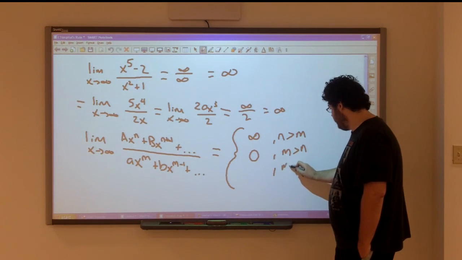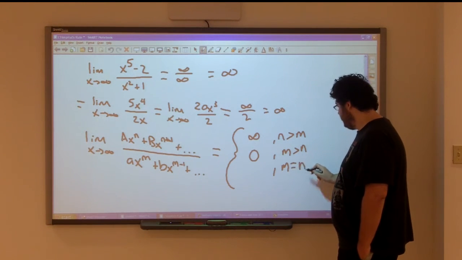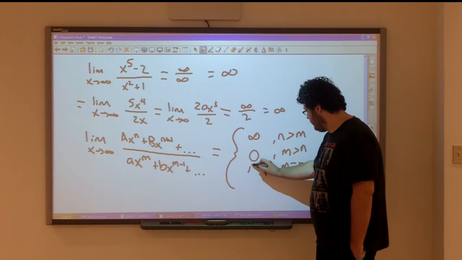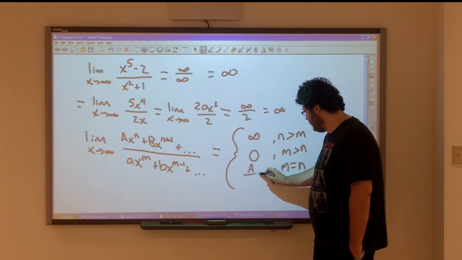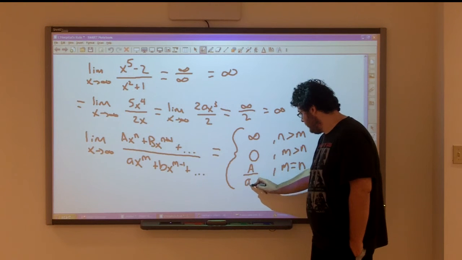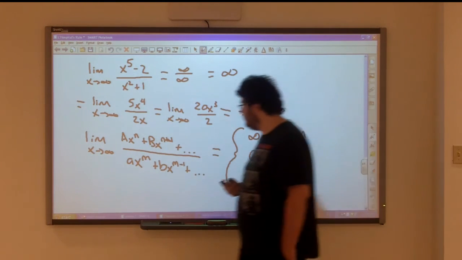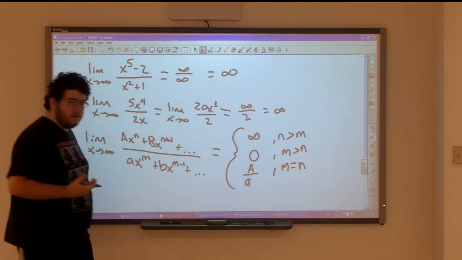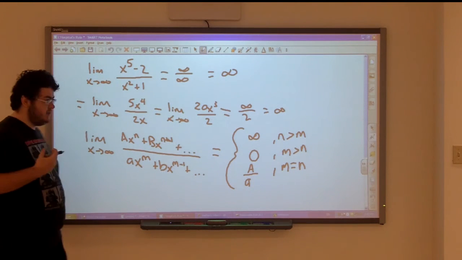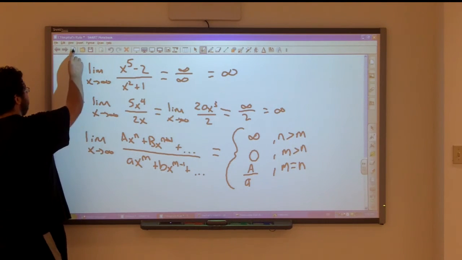But if m is equal to n, you simply get the ratio of their coefficients. And all this can be done by using L'Hopital's rule. So now that we've seen how to use this for polynomials, let's move on to slightly more difficult problems.